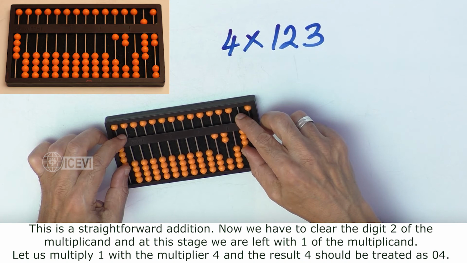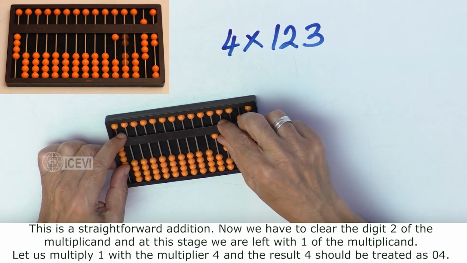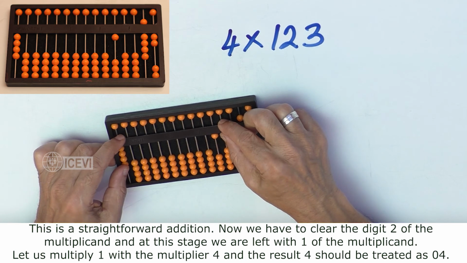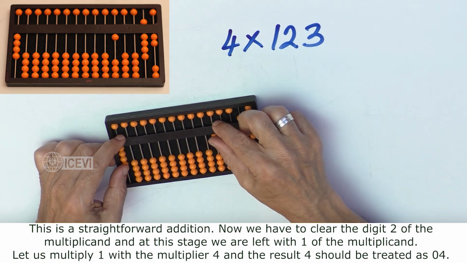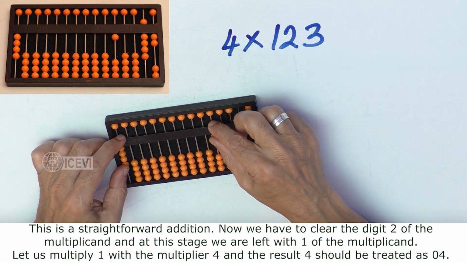Now we have to clear the digit 2 of the multiplicand, and at this stage we are left with 1 of the multiplicand, and let us multiply 1 with the multiplier 4.